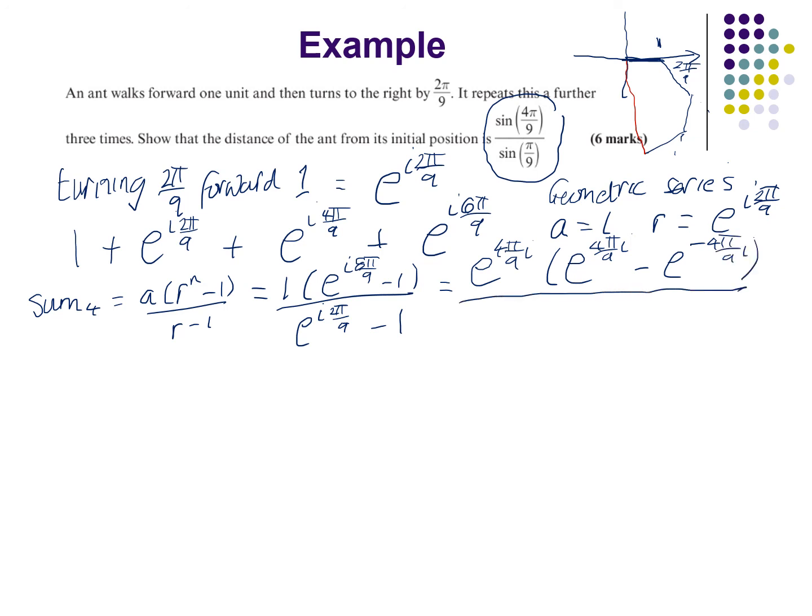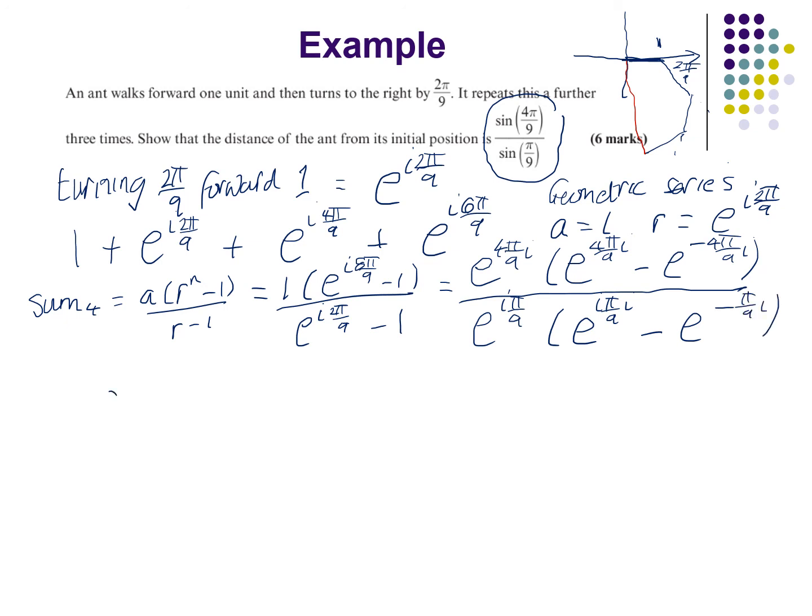And the same with the bottom, I want sine π by 9, so I need an e to the i π by 9. So again, let's take out an e to the i π by 9. So what I leave inside my bracket is e to the i π by 9 minus e to the minus i π by 9.